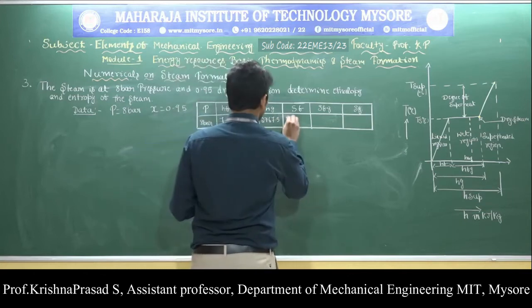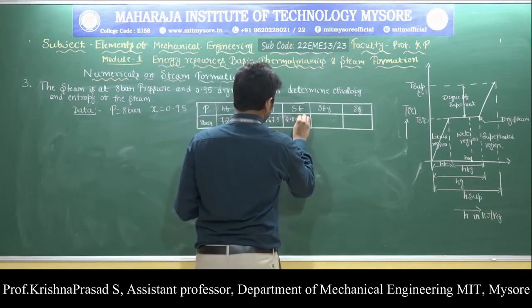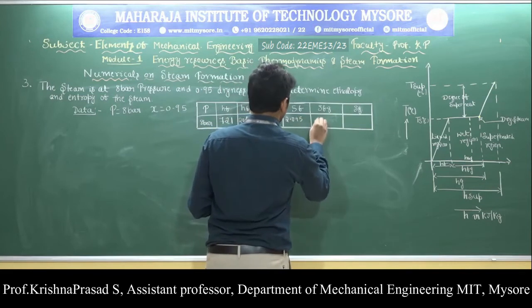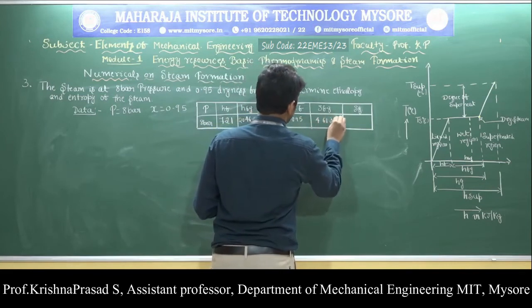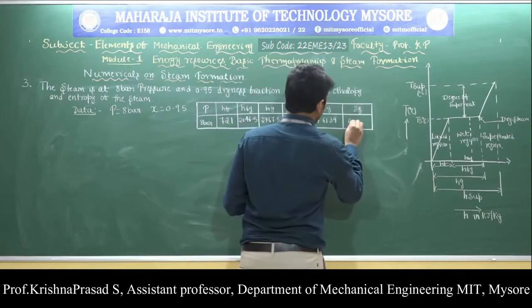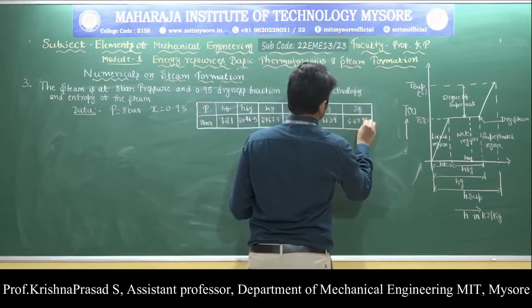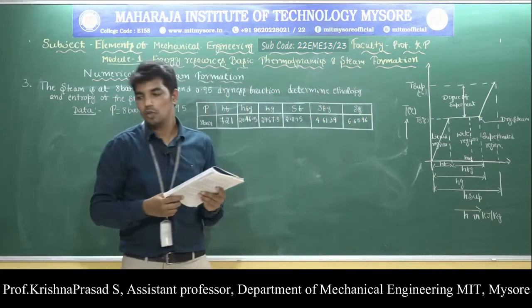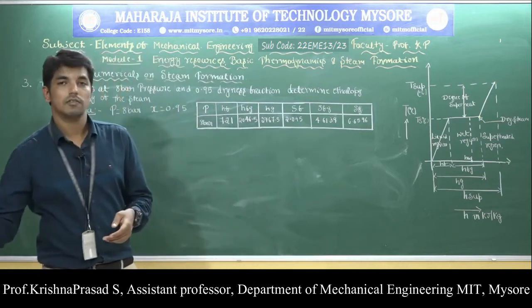Then Sf is 2.045, Sfg is 4.6139 and Sg is 6.6596. But we need to analyze what is the condition of the steam.